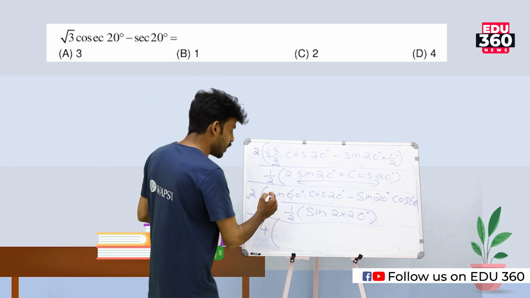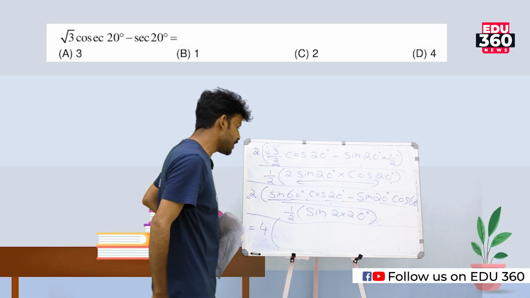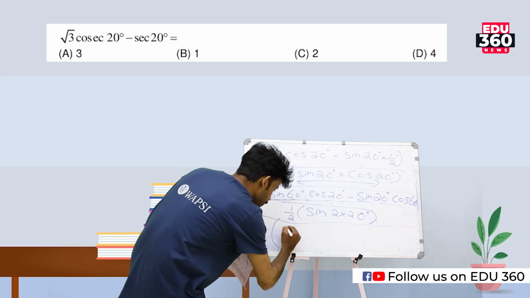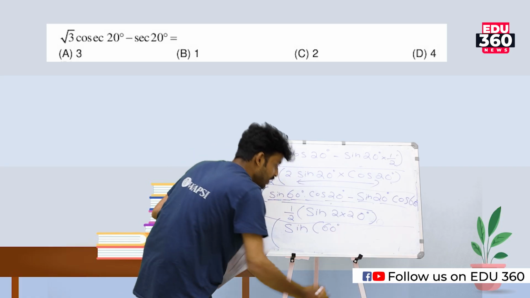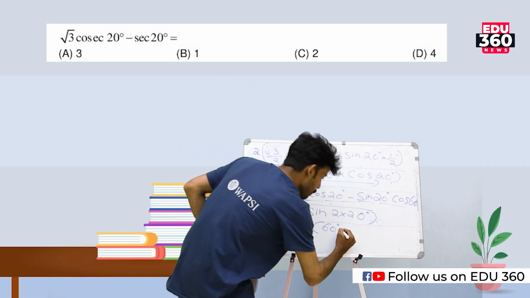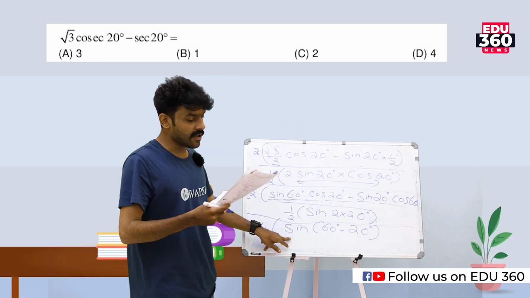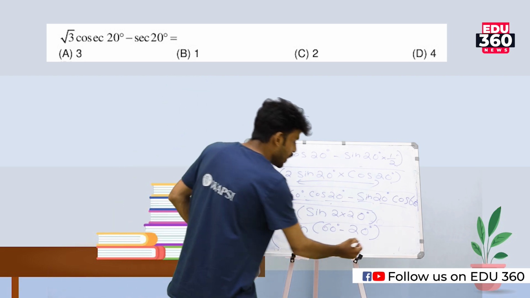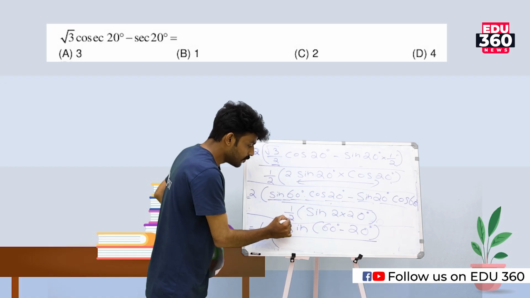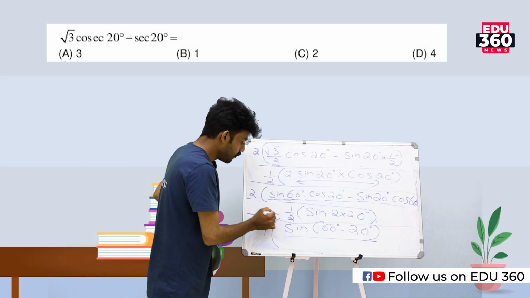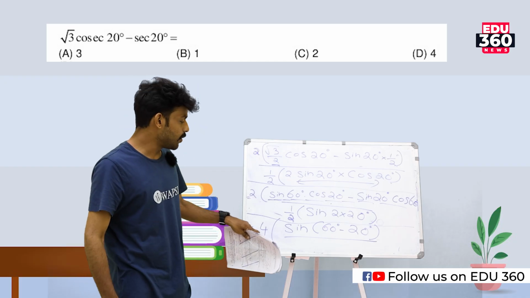So for all of this, we can write sine 60 degree minus 20 degree divided by, I already said that this term 2 we can move to the numerator, so the numerator becomes 4.